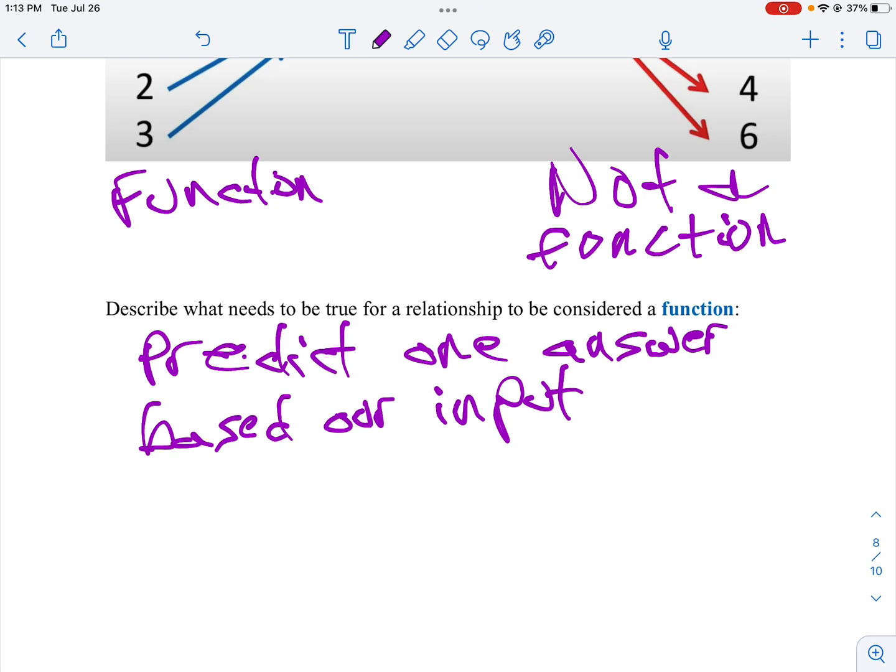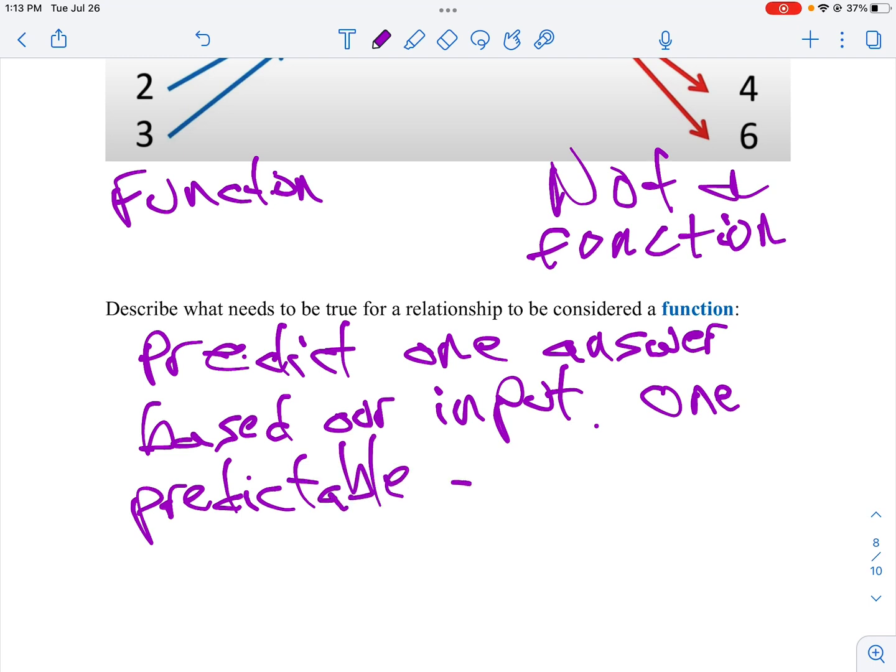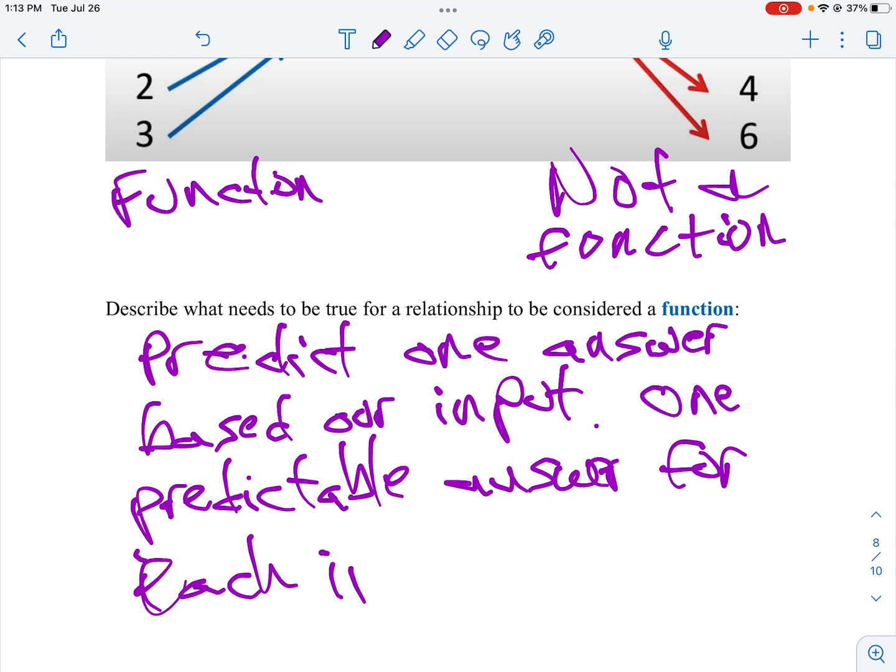Sometimes it's not a rule, but it's still only one solution. Okay, so the whole thing is there's one predictable, whether we can predict it or not, answer for each input. Can't spell today, input.